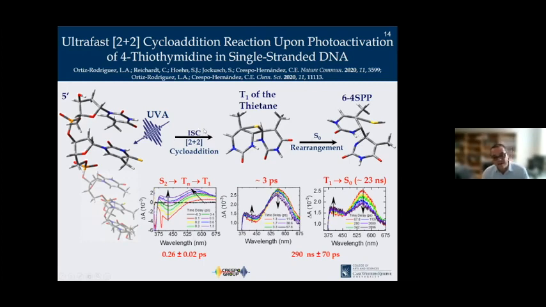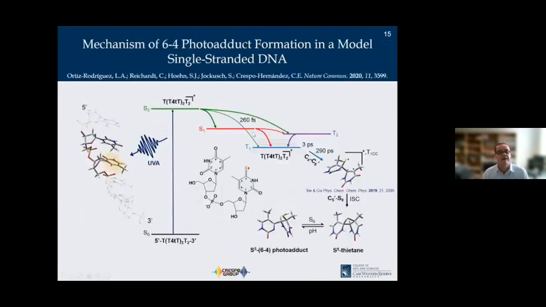Importantly, this reaction, intersystem crossing, occurs on a femtosecond timescale again, but the formation of this triplet Thietane intermediate occurs in less than 3 picoseconds. So it's a very efficient reaction. And in combination with quantum chemical calculations done by Cui and coworkers, we have mapped out the full mechanism.